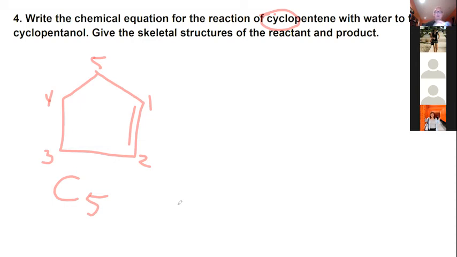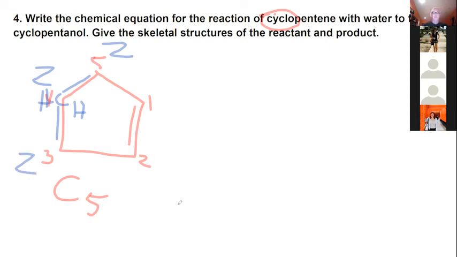How many bonds is carbon 3, 4, and 5 making? 2 hydrogens at each one, right? Because each one of these is making 2 bonds, one going in that direction, one going in that direction. So it would have room for 2 hydrogens. 1, 2. Same with carbons 3 and 5.